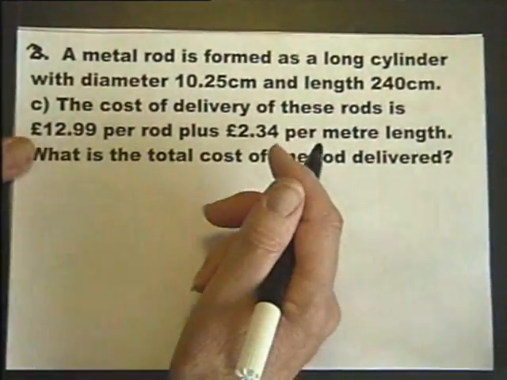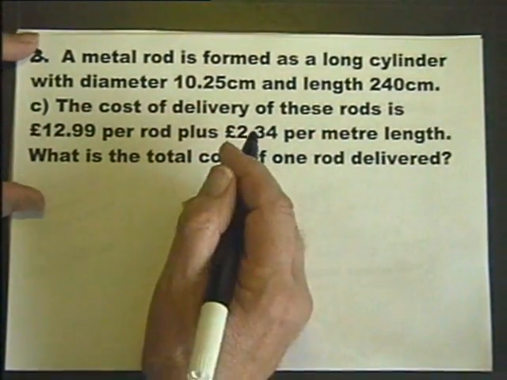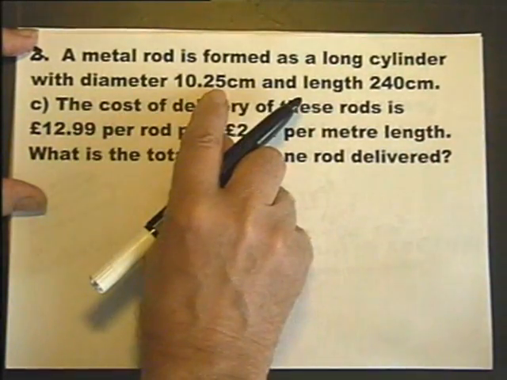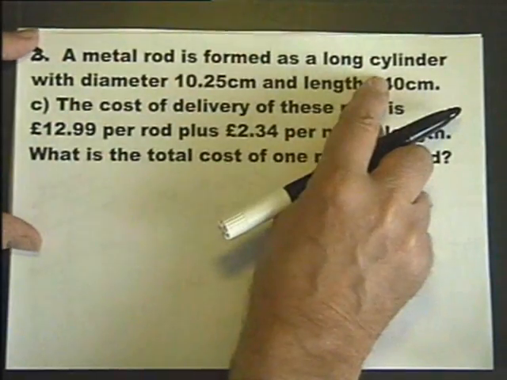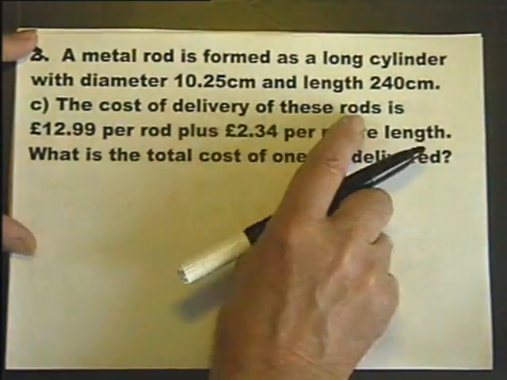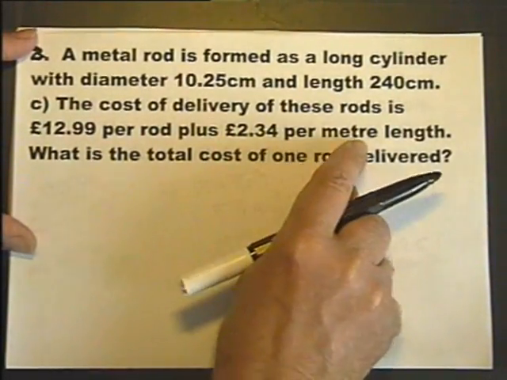And on to the last part of this question, so we're still on question 2, part C now. A metal rod is formed as a long cylinder with this diameter and this length, so it's the same information. Now we're talking about the cost of delivery. The cost of delivery for these rods is that much per rod plus that much per metre length.